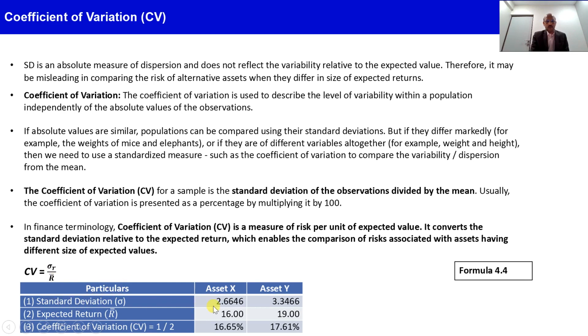So if we put those values in this formula, for asset X, we got a standard deviation of 2.6646 in the previous example, and the expected return R bar was 16%. So the CV is this divided by this, which becomes 16.65%. For asset Y, the standard deviation was 3.3466 and the R bar average return was 19%. So the CV value comes to 17.61%.